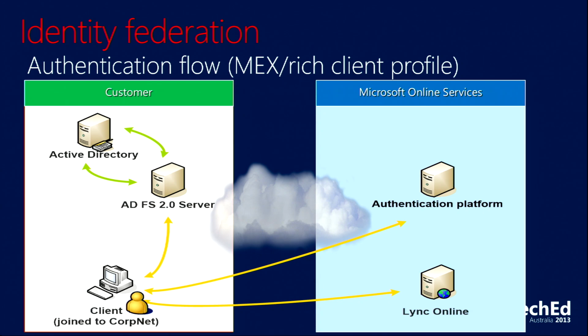The authentication platform is going to say, look, you're using a domain registered as a federated domain, so you're going to have to go back on premise and talk to your ADFS server.